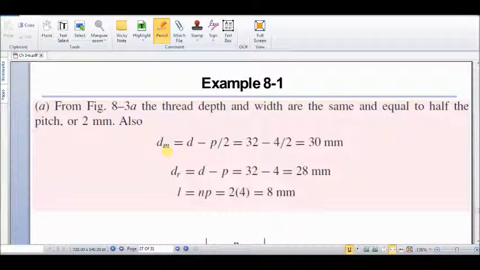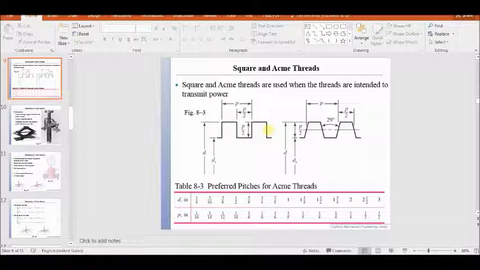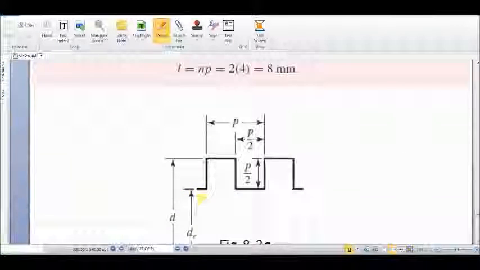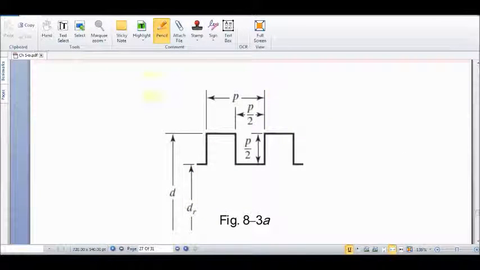The mean diameter that we show by dm is a diameter between the major diameter and minor diameter. That means the mean diameter is somewhere here.